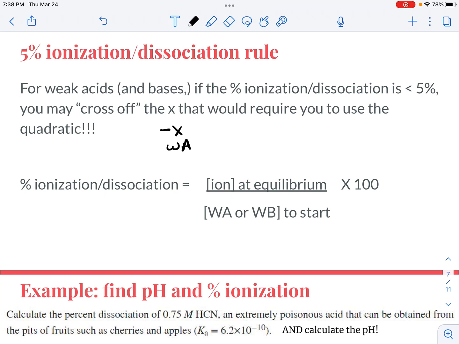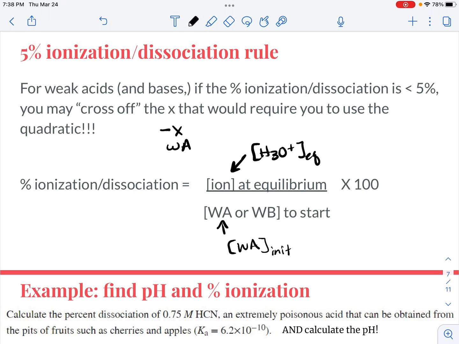So you need to know that for your ion at equilibrium, we do the same thing for weak bases, but what we're going to do today is for weak acids. So the ion concentration that we're talking about here is the H3O plus ion concentration at equilibrium over your weak acid initial concentration, the weak acid in the initial line.